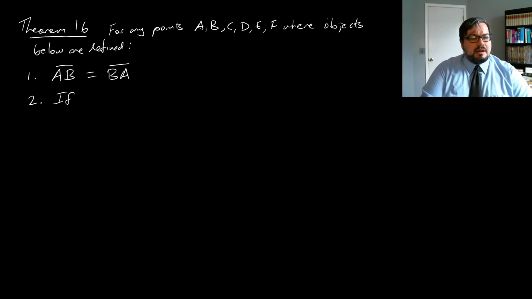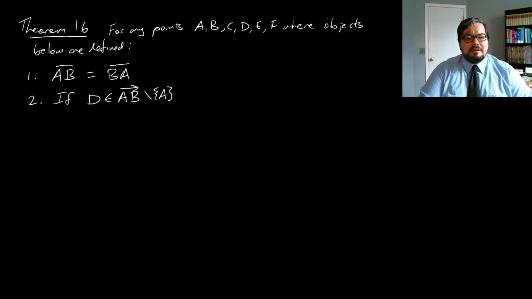Part 2, if D belongs to the ray AB but is not the endpoint of the ray itself, then the ray AD equals the ray AB.